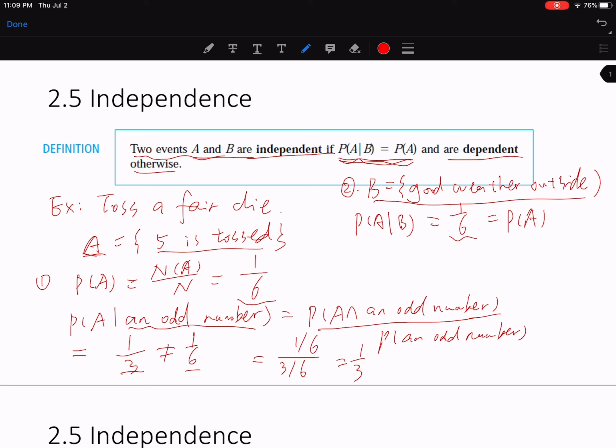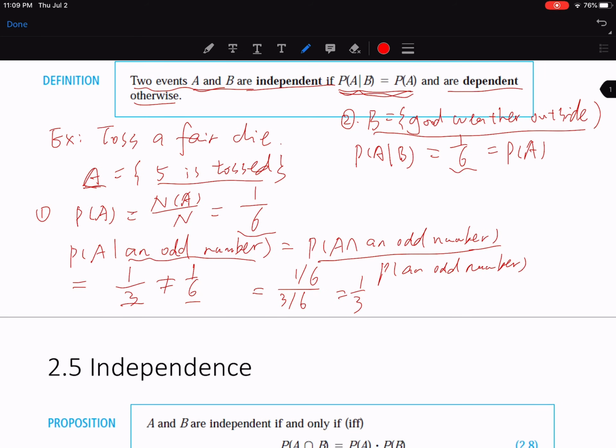Okay, and actually we can derive another formula. We know the original formula: the probability of A given B is equal to the probability of A intersection B divided by the probability of B, right?